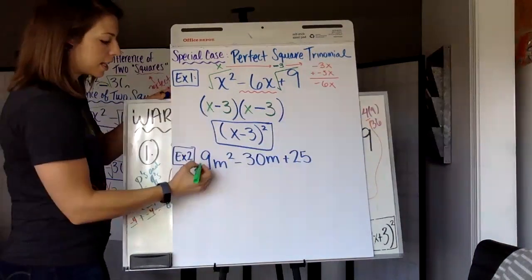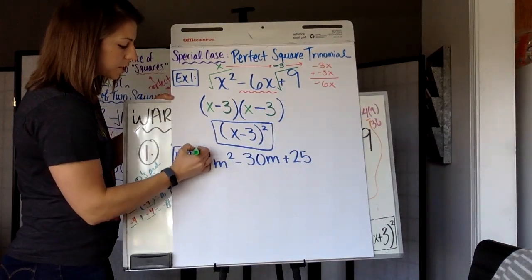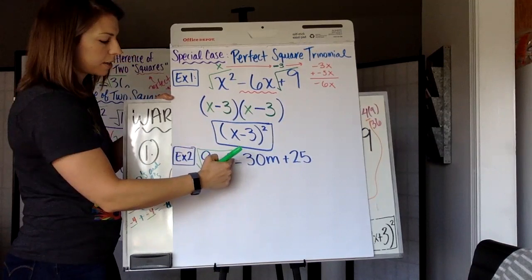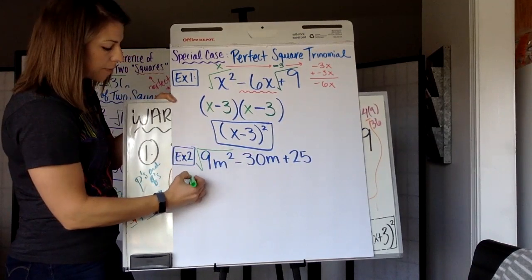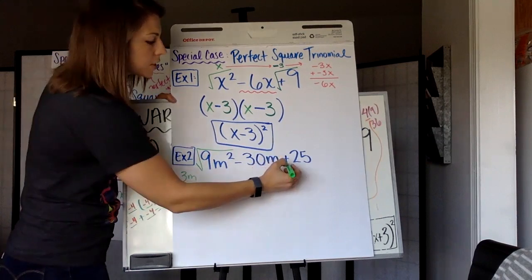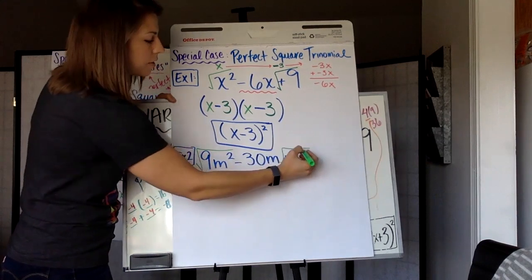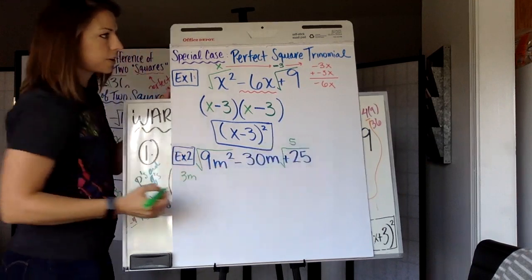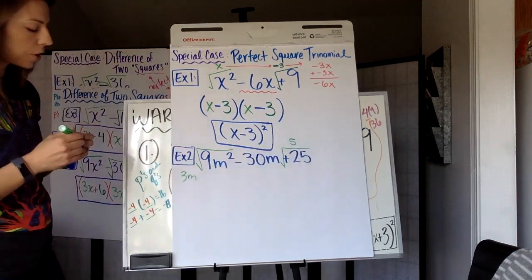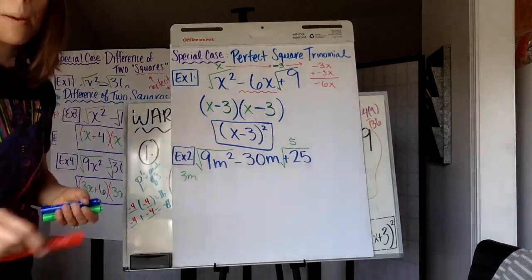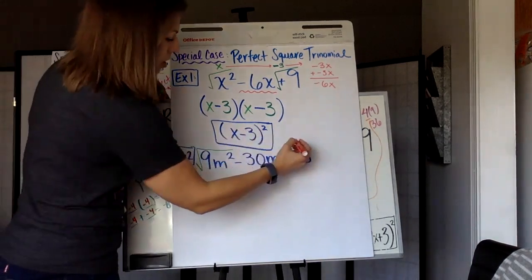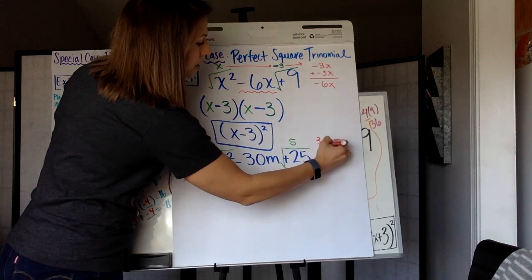So here we go. Let's take the square root of the first term. What's the square root of 9m squared? What times what is 9m squared? That would be 3m, right? And what's the square root of positive 25? That would be 5. So what we're doing here is we're going to multiply the first and the last term together, 3m by 5. What is 3m times 5?